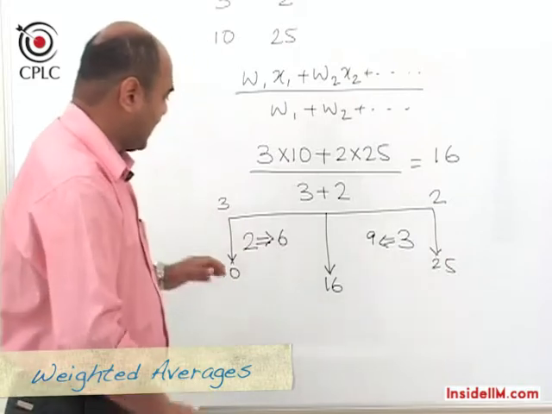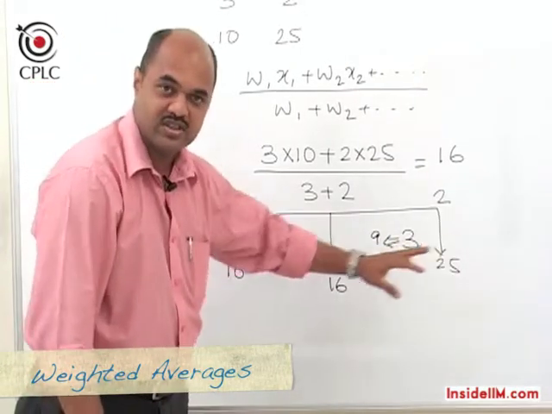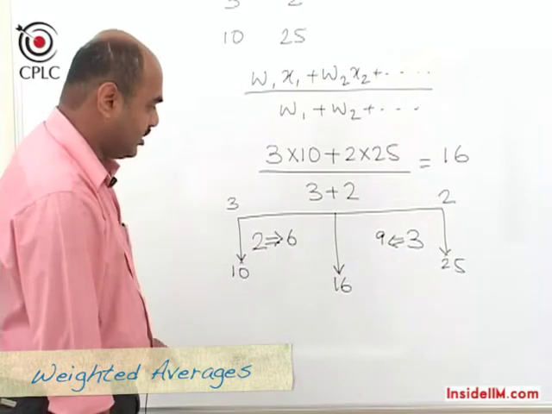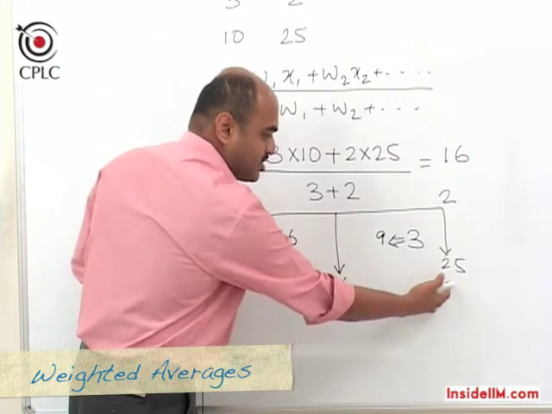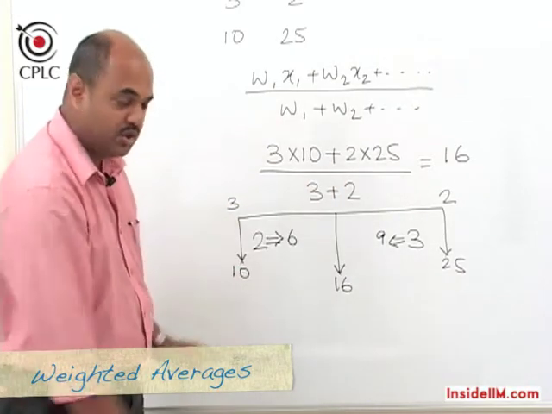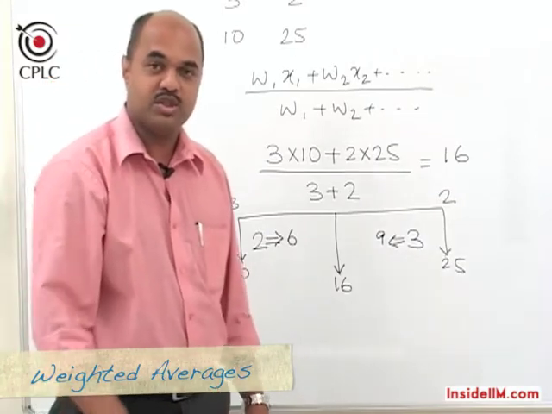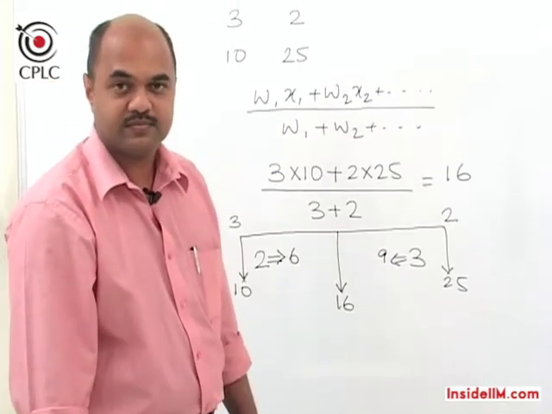So a way of calculating the weighted average is also by trying to balance out this lever. The only point that we need to remember, when you want to balance out these two values, it should be done in the reverse ratio. Divide the difference in that ratio and find that point at which the balancing out happens.